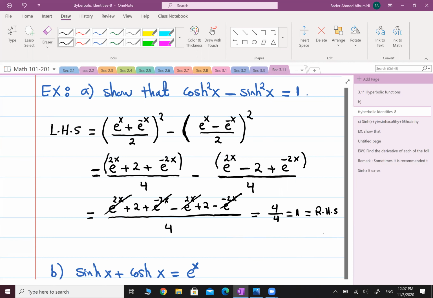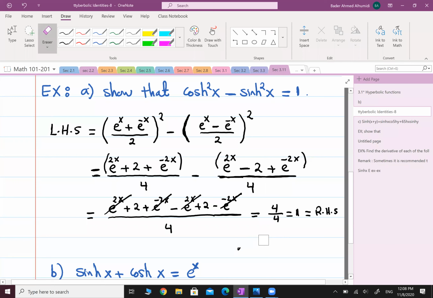Now, what happens if we now divide by hyperbolic sine squared? If we divide the hyperbolic cosine squared by sine squared, I have hyperbolic cotangent squared of x minus 1 is equal to what? 1 over hyperbolic sine squared, that is hyperbolic cosecant squared of x. What is the advantage of remembering these identities?